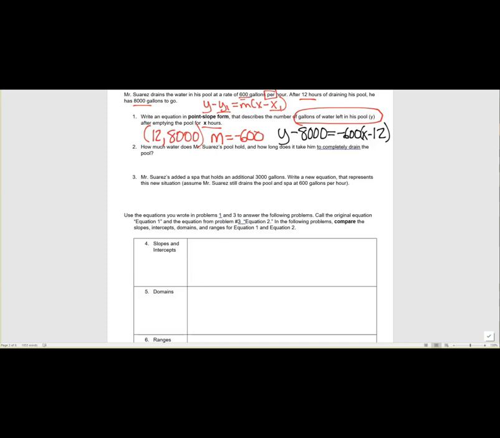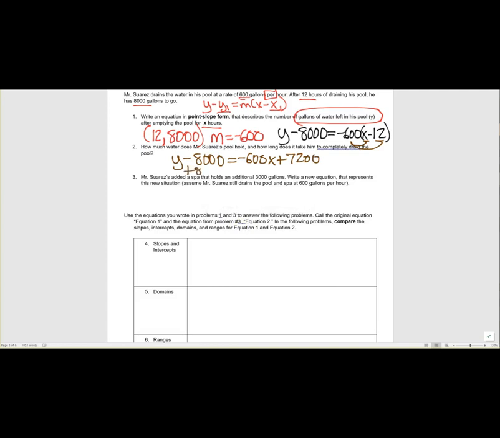Okay? So we're going to take the negative 600 and distribute it. Okay, so multiply by the x and multiply by the negative 12. So we get y minus 8,000 equals negative 600x plus, because I'm multiplying a negative 600 times a negative 12 when I distribute the negative 600 into the negative 12, so that makes that a plus 7,200.